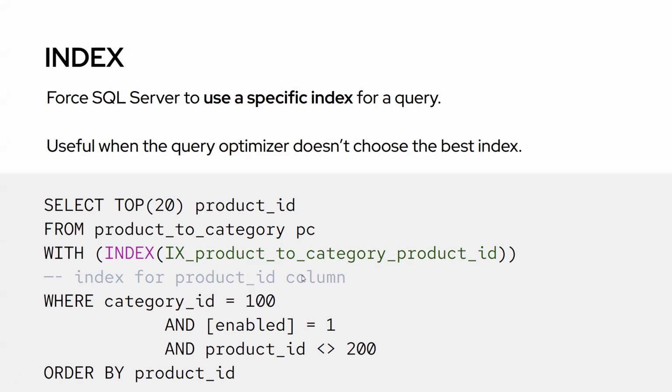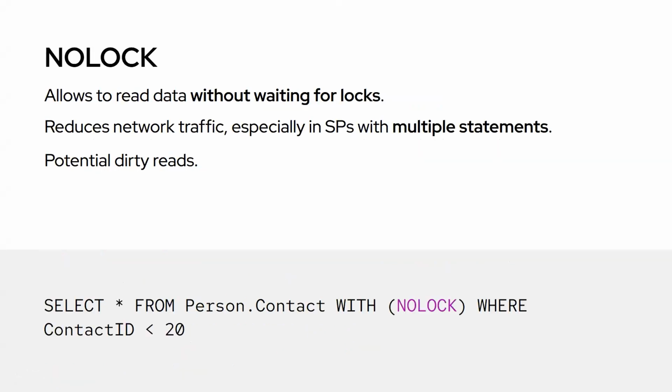I'm not planning to spend much time here because that will also cover this part. And I'm moving on to NOLOCK. NOLOCK is another hint, which allows us to read data without waiting for locks. In this query, you can see that we are selecting the top 20 contact IDs from the contact table.